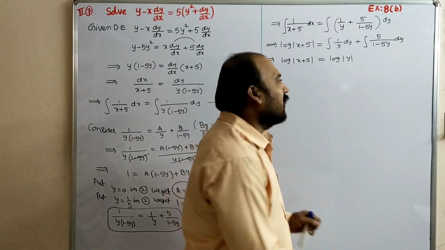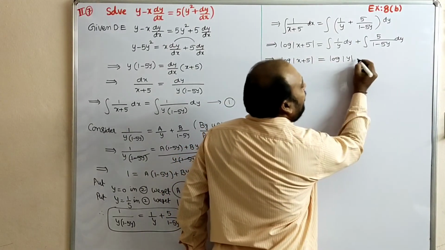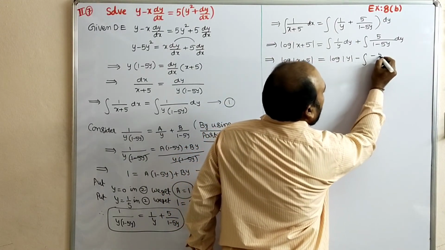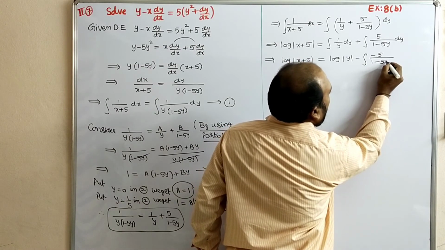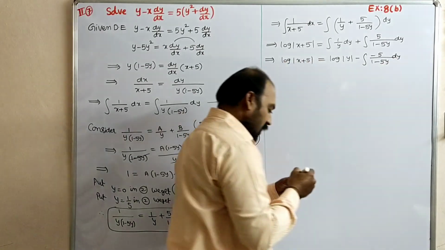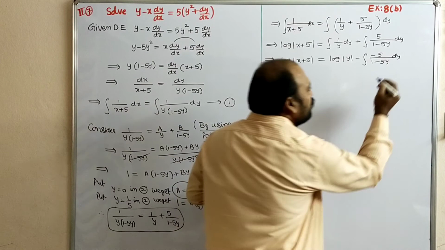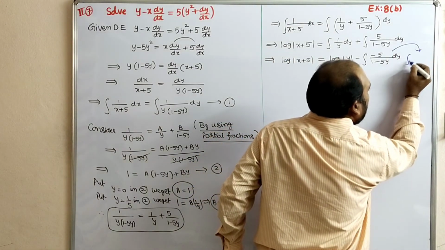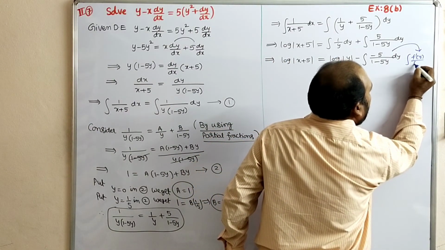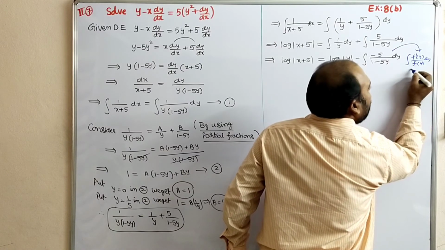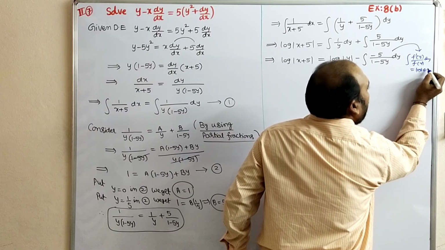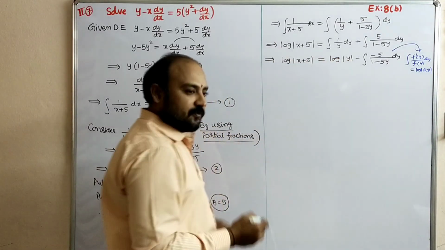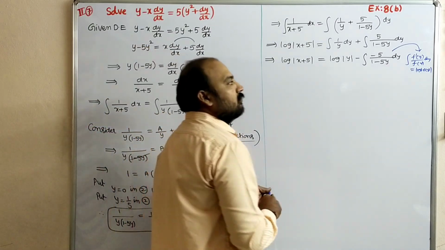So, plus 5 is there. So, here this plus can be written as minus of minus 5 by (1 minus 5y) into dy. Now, this term is of the form integral of f dash of y by f of y into dy, so log mod f of y will come. So, that formula we can apply there.